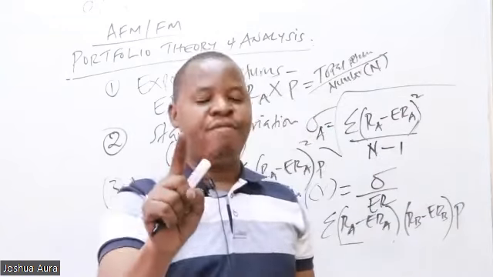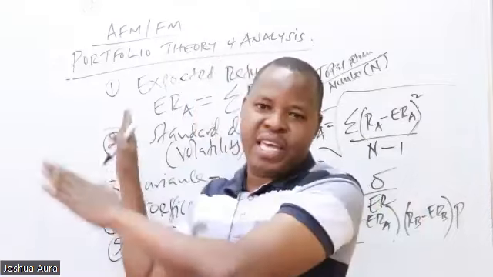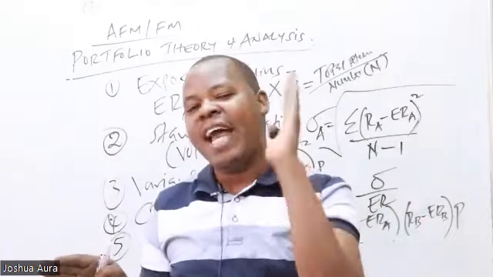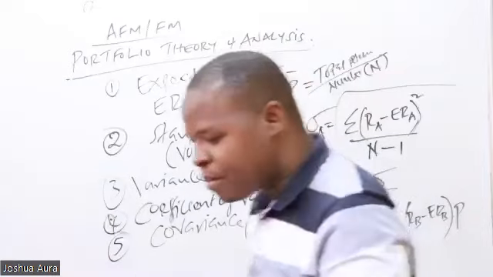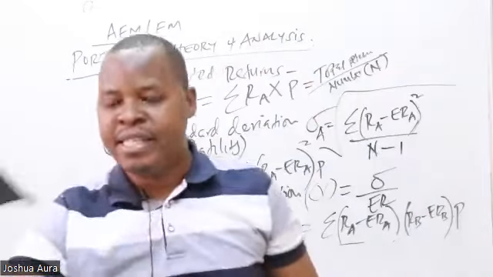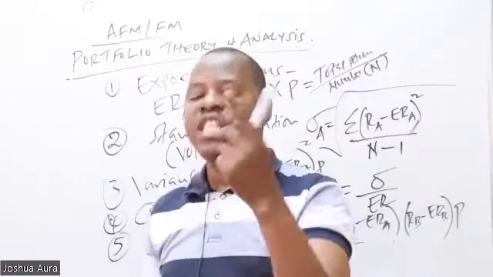Item number 5. We are summarizing the whole topic of portfolio theory and analysis. Let me go to item number 6, which is correlation coefficient.